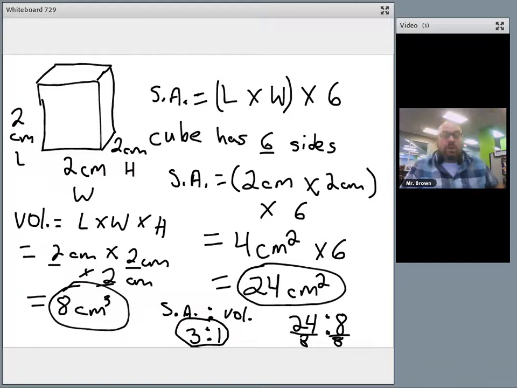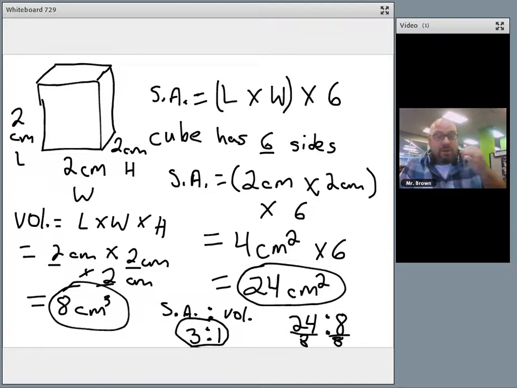The larger the ratio, so if it's 8 to 1, 10 to 1, the more surface area it's going to have. Remember how I said that big cells can't transport nutrients well because the membrane gets stretched out?